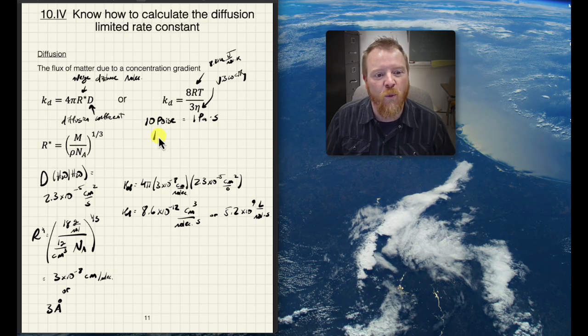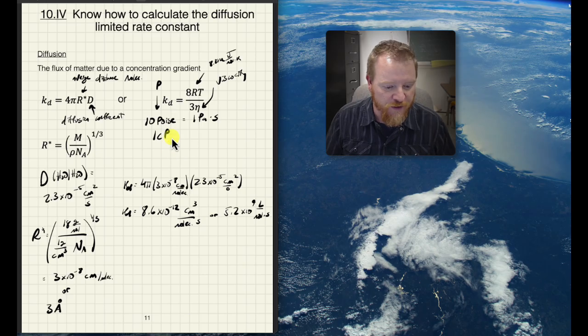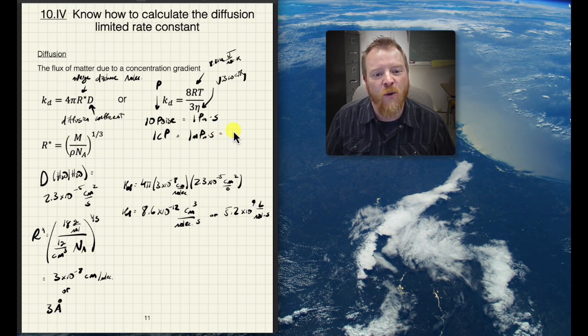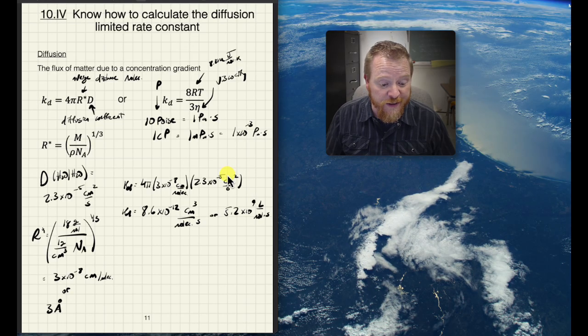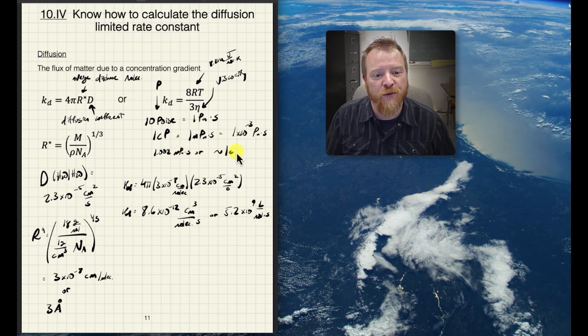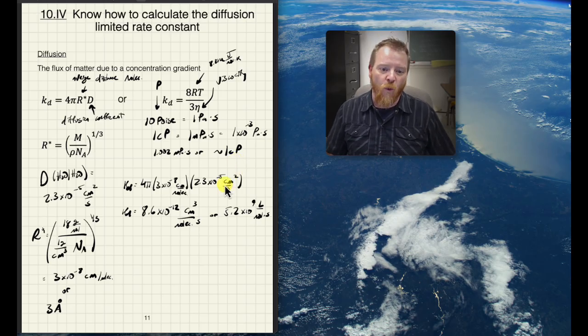So for example, 1 centipoise, I'll say P for poise, is equivalent to 1 millipascal second, or 1 times 10 to the minus 3 Pascal second. And for reference, water is just about that. So water is 1.002 millipascal second, or we can just use roughly 1 centipoise for water.